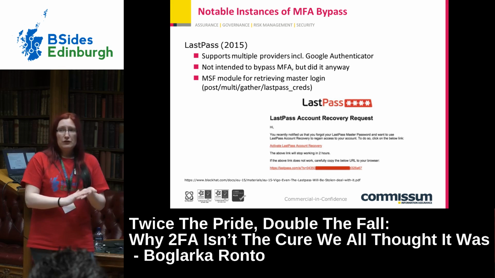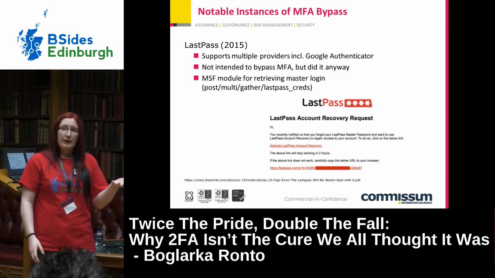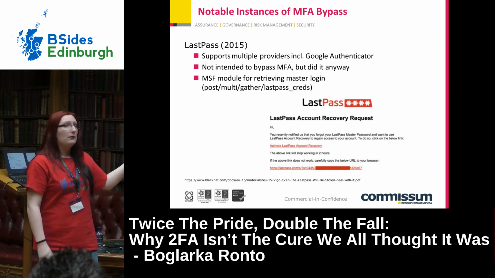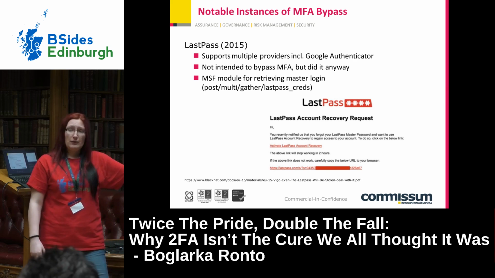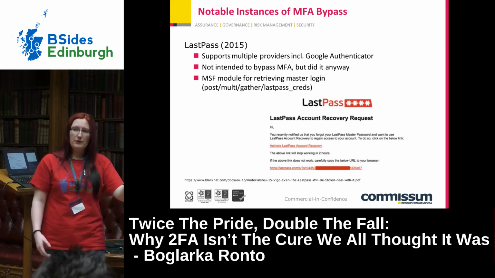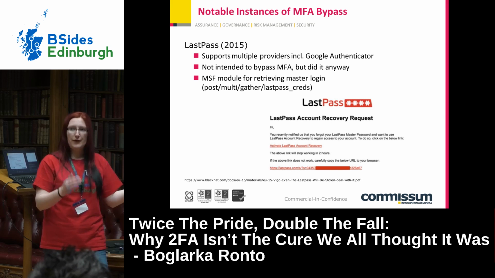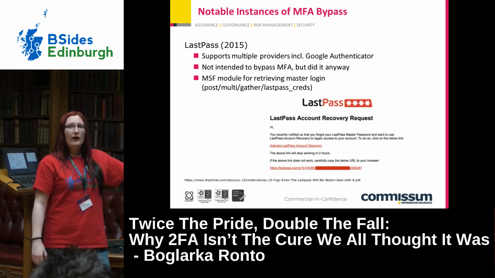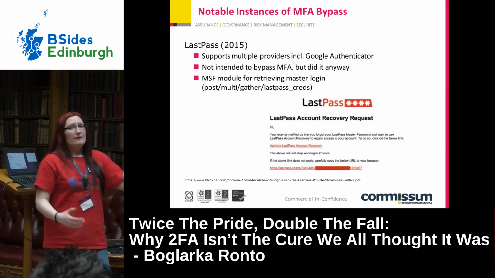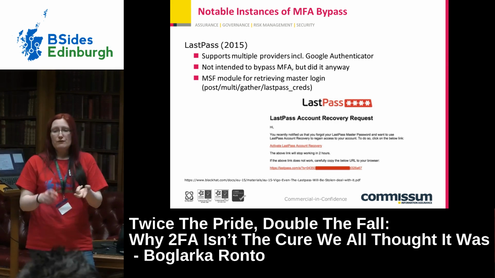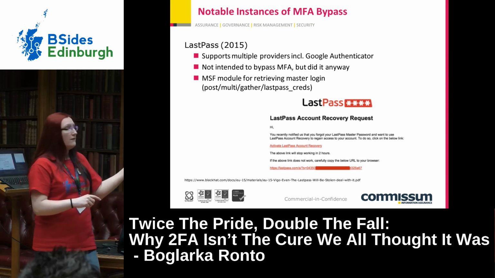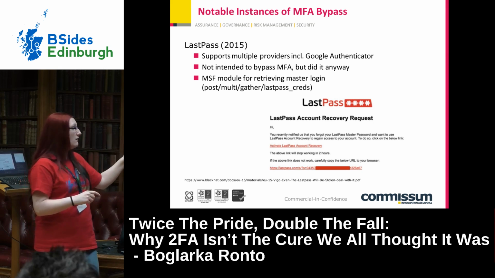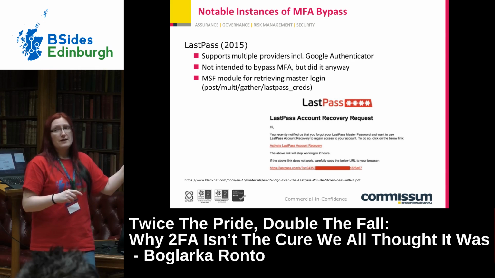So once you initiate an account recovery, you got a unique URL, which you can see at the bottom, and you didn't even have to change your existing password. You could just continue with whatever password you had, as long as you had that link. So that allowed them to recover the encrypted vault and bypass multi-factor authentication, because even though that was enabled on the site, as long as you had the URL, you could just access it.